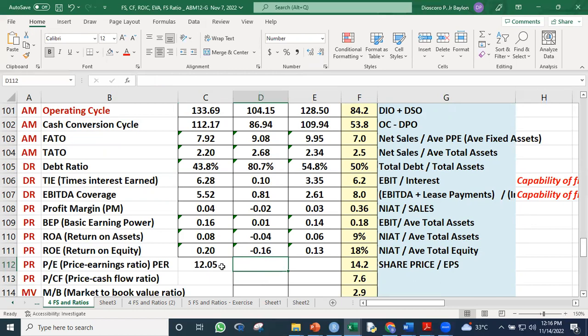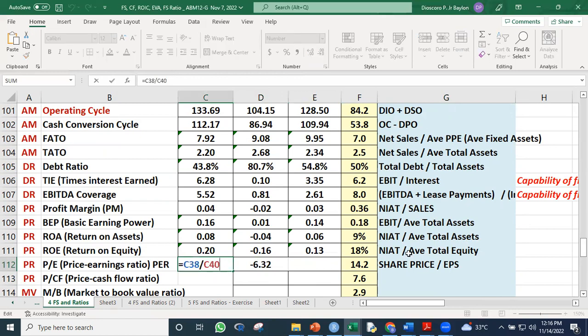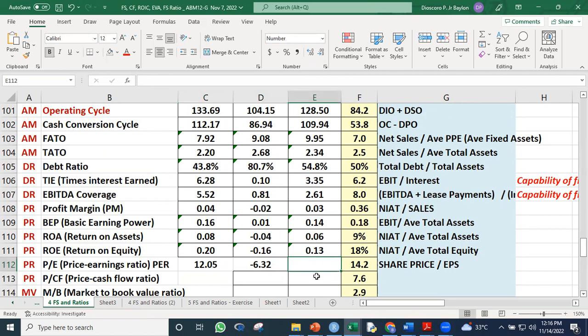Okay, then we can... Our formula is price divided by EPS. We don't have the price for 2019, so it's empty. All right.